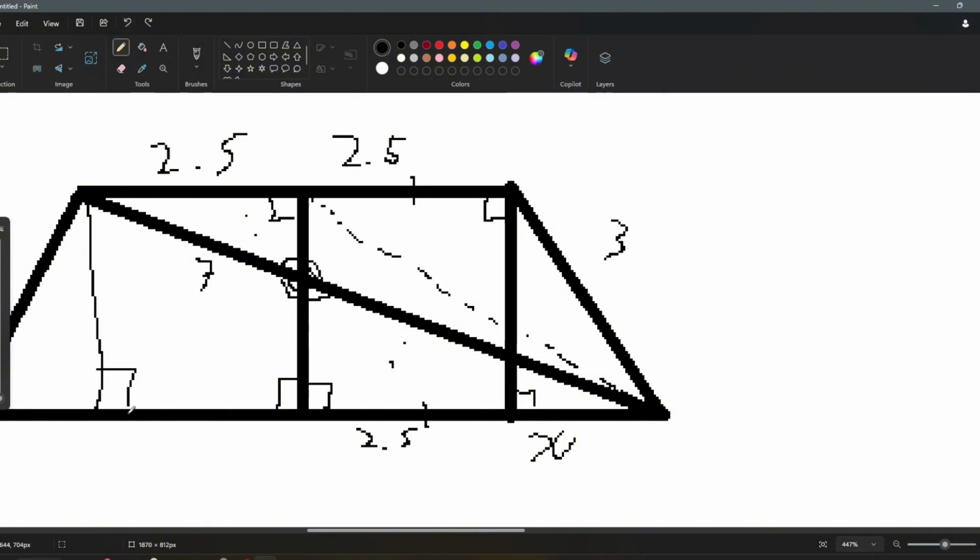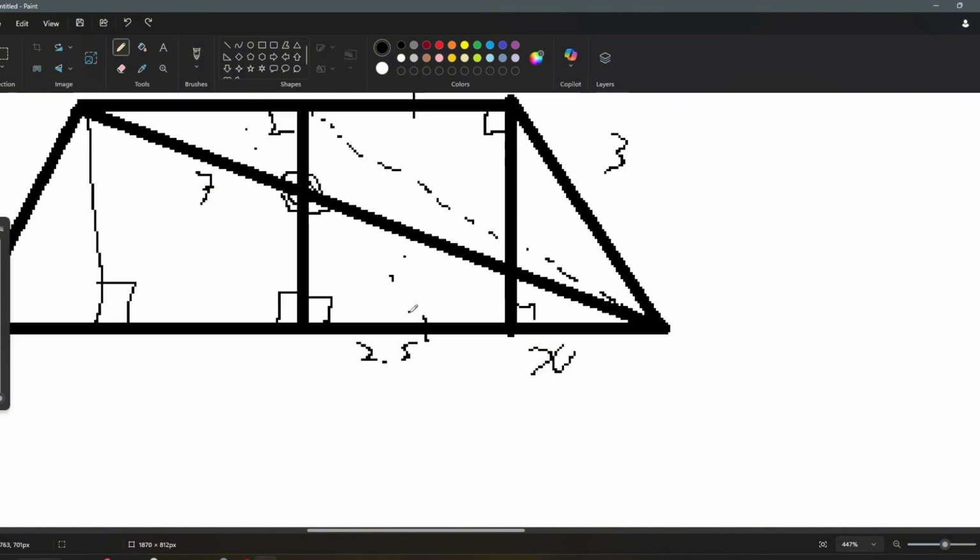I don't know if I made any progress, but this big triangle has this mini triangle. So this big triangle will help us find this. No, it won't. Here, at least we know the hypotenuse, but we don't know the bottom.